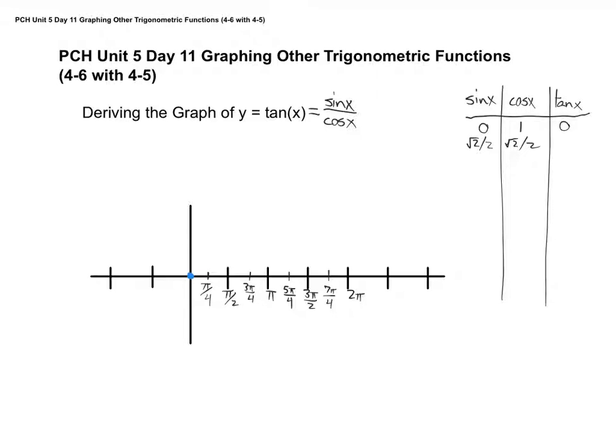Sine is root 2 over 2, and cosine is root 2 over 2. Remember, tangent is sine divided by cosine. 1? 1. Okay, so tangent's 1. So here, at pi over 4, I am at 1. Okay?